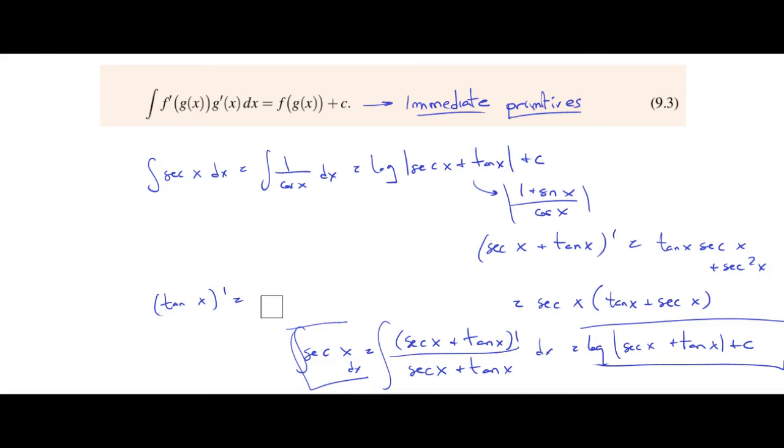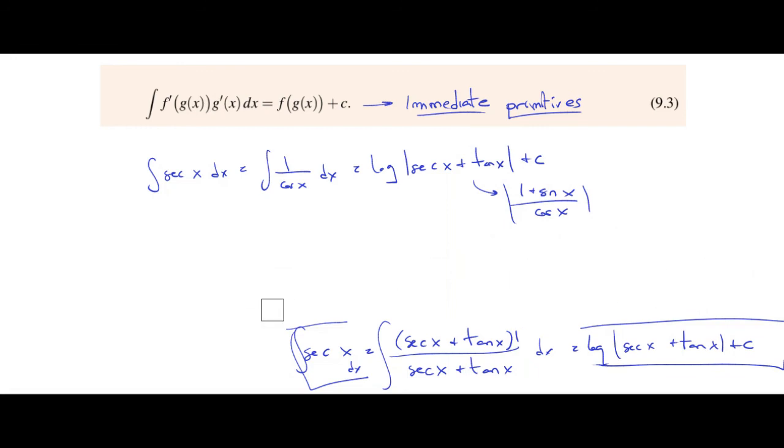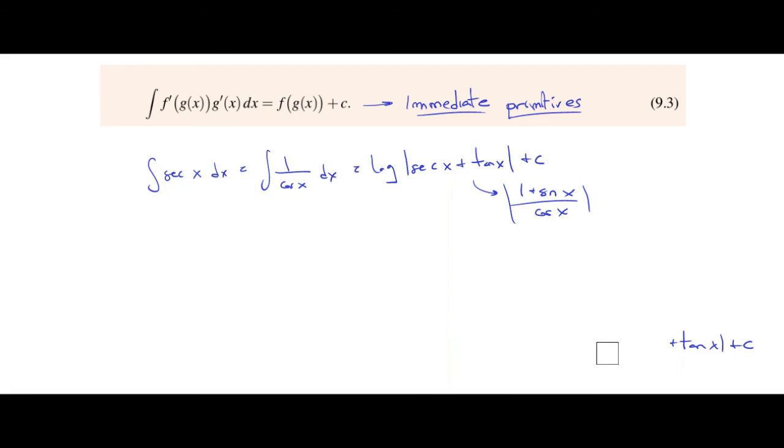So, you're not expected to come up with this kind of reasoning, but just so you understand how to compute this thing. It's going to be a very interesting primitive to know in some of the problems. And knowing this, it's easy to see the primitive of the cosecant, which is 1 over the sine of x.